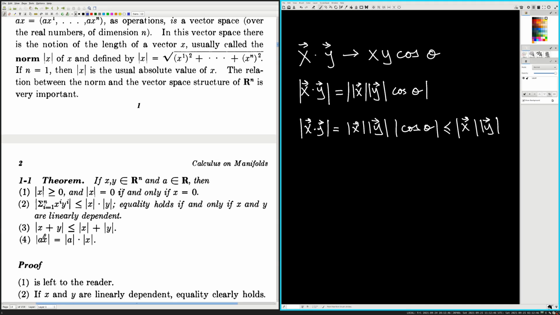This is for part 2, and I think part 4 is pretty obvious. For part 3, let's do x plus y. These are vectors.